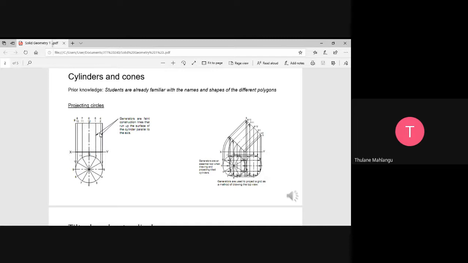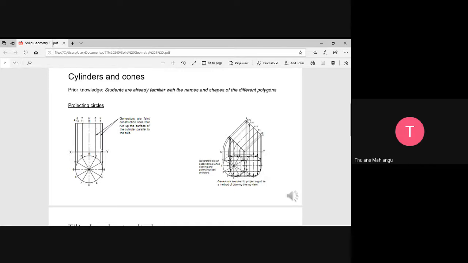Sometimes you will have a problem with a cylinder tilted at an angle, say 45 degrees. Then you have to use other methods of constructing that cylinder.